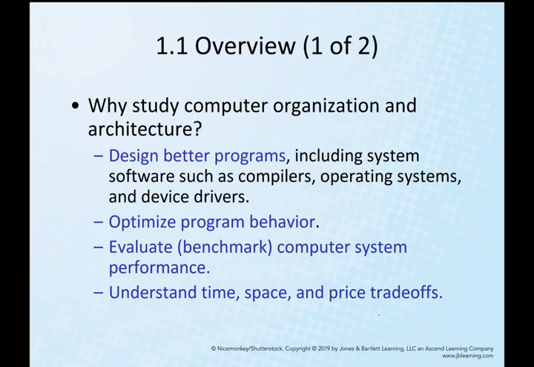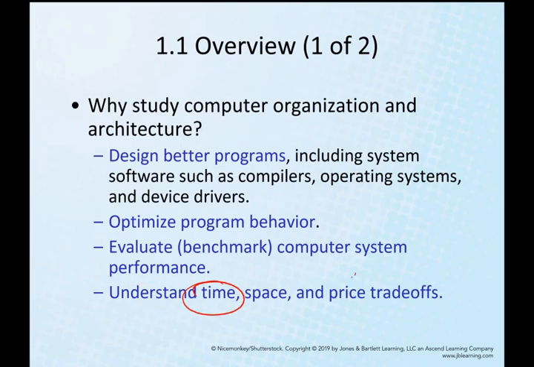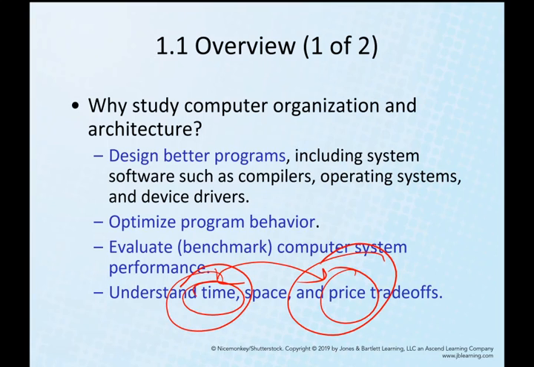And last but not least is understanding time, space, and price trade-offs. Time and price are very important. Space is also important, but not as important as time and price. So by gaining time, we might lose price.